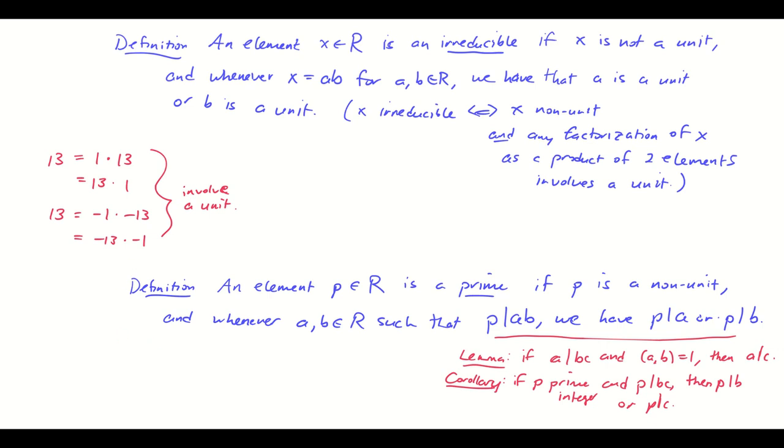So a prime integer is a prime in the integral domain sense. But the definition of prime is more like what it means for an element to be irreducible. And what we're going to find in a subsequent video is that these two concepts are related, but they're not exactly the same. Stay tuned.